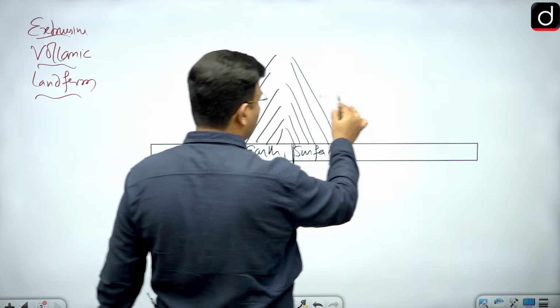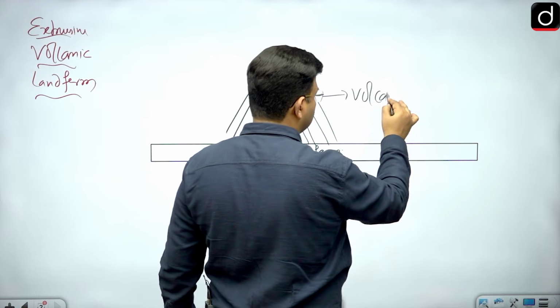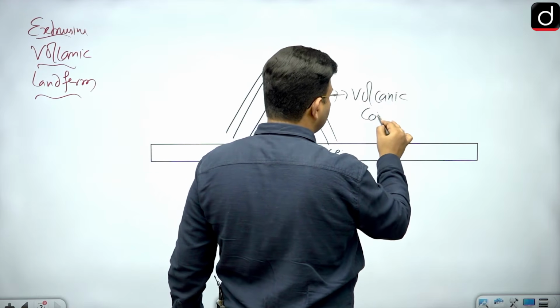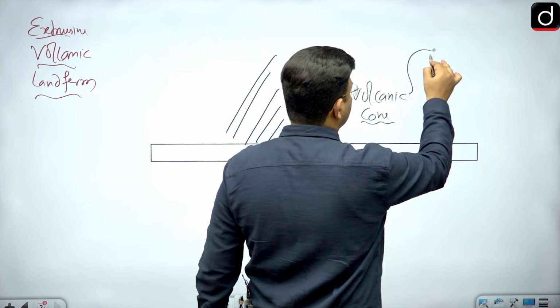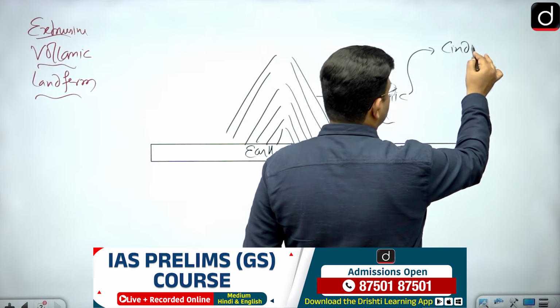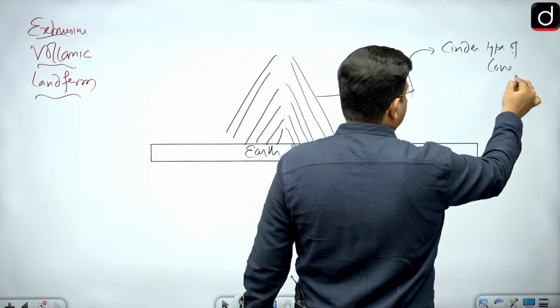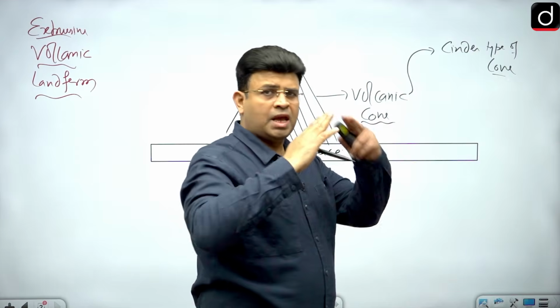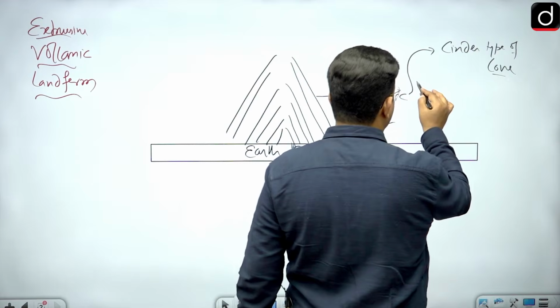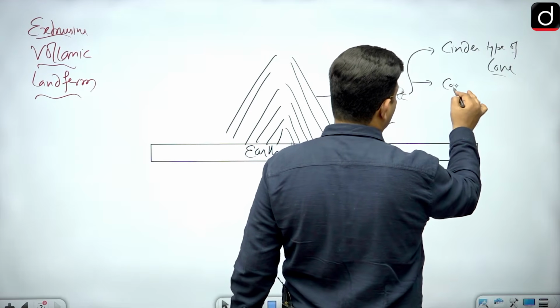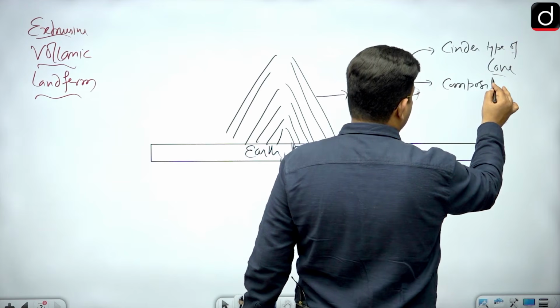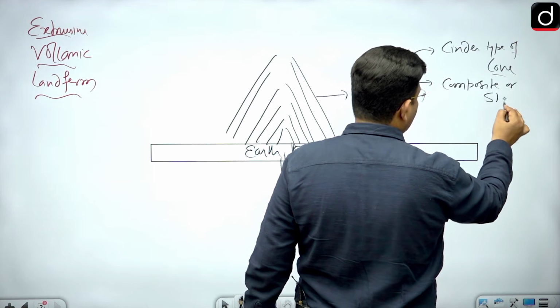This is known as a volcanic cone. Please go and read about the cinder type of cone. In this class we cannot cover it all; this is the volcanic cone itself, and there is also the composite cone, or stratovolcano.